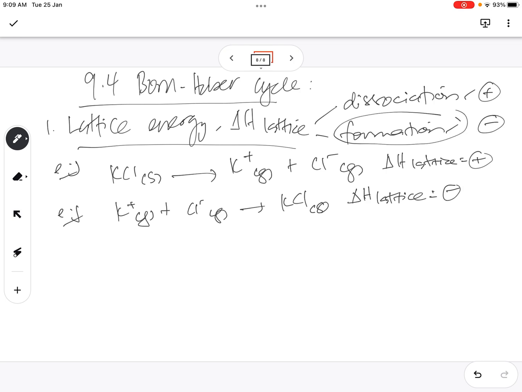Heat released, exothermic. Just reverse of each equation. And remember, dissociation is always endothermic, formation is always exothermic. Can you follow?